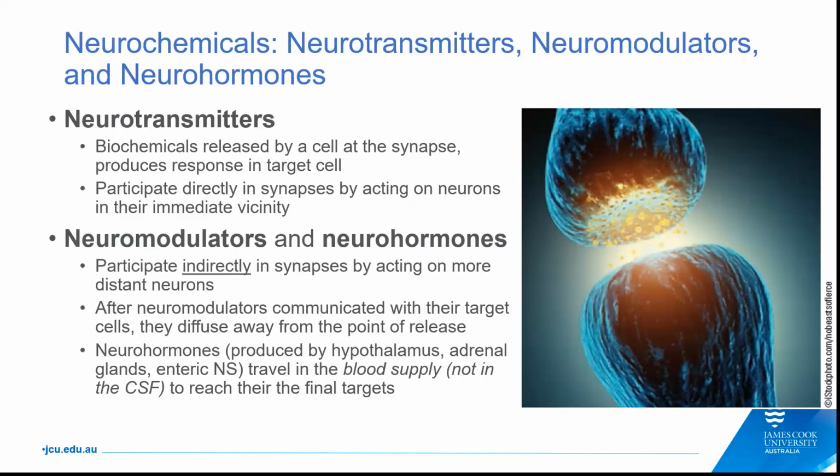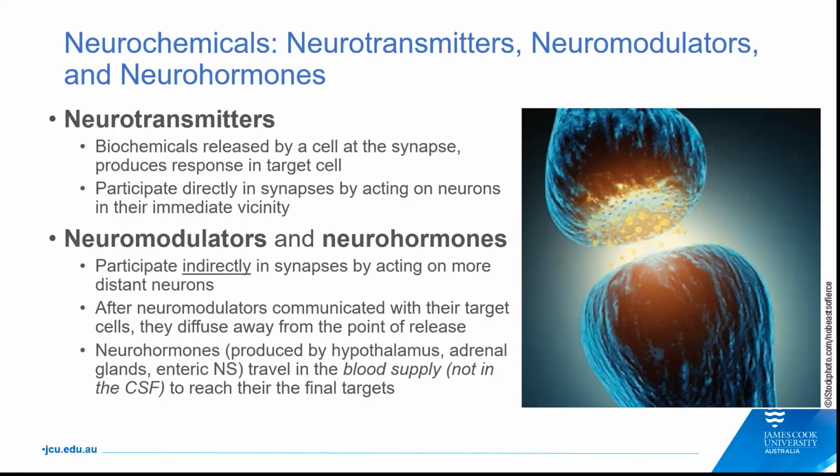Neuromodulators are a bit different, and so are neurohormones. The keyword here is indirectly. They participate indirectly in synapses by acting on more distant neurons. I will show you what I mean by that in the next slide. After they communicate with the target cells, normally the neuromodulators will diffuse away from the point of release.